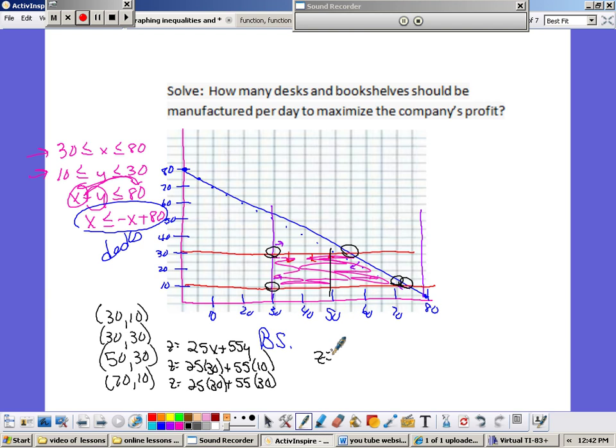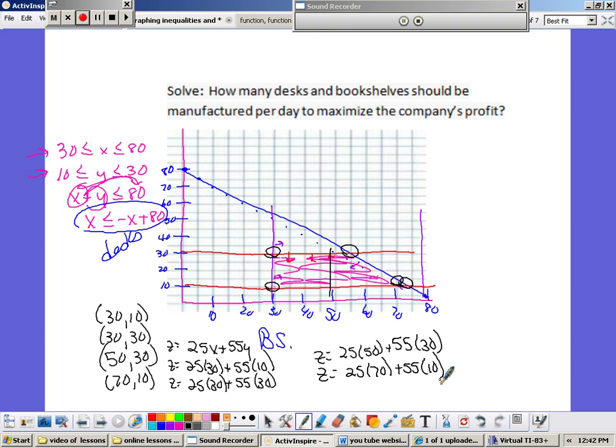Z is equal to 25 times 50 plus 55 times 30. And Z is equal to 25 times 70 plus 55 times 10. So let's see what we get here.